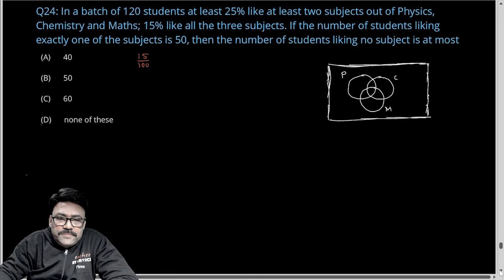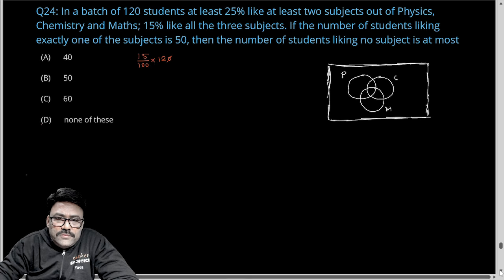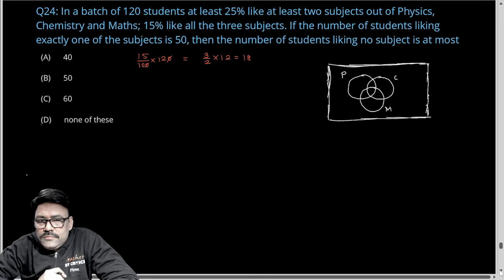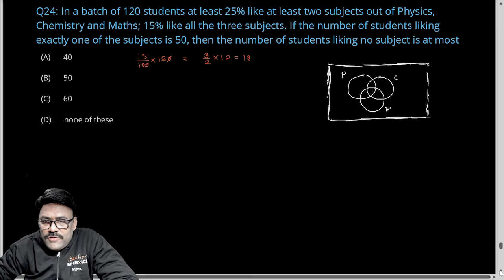So ultimately it is 15, meaning 3 by 20 into 120, so 18. Right? So here we have 18 for all three.